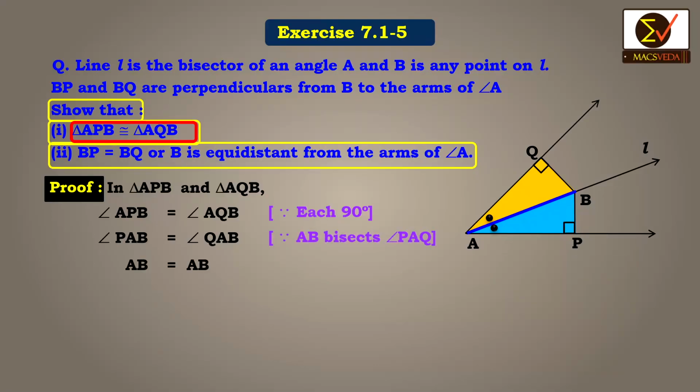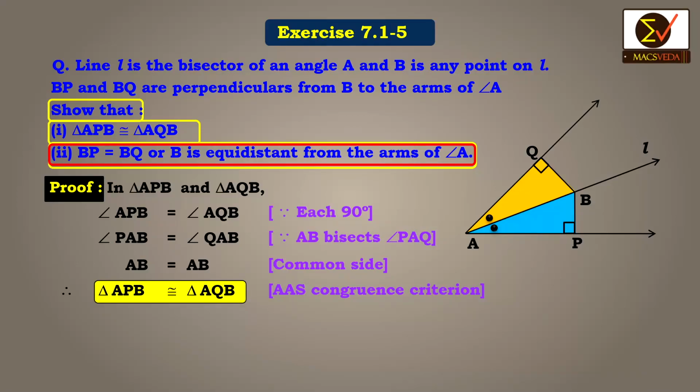Then side AB is equal to side AB, which is a common side for both the triangles APB and AQB. Therefore, triangle APB is congruent to triangle AQB by angle side congruence criterion.